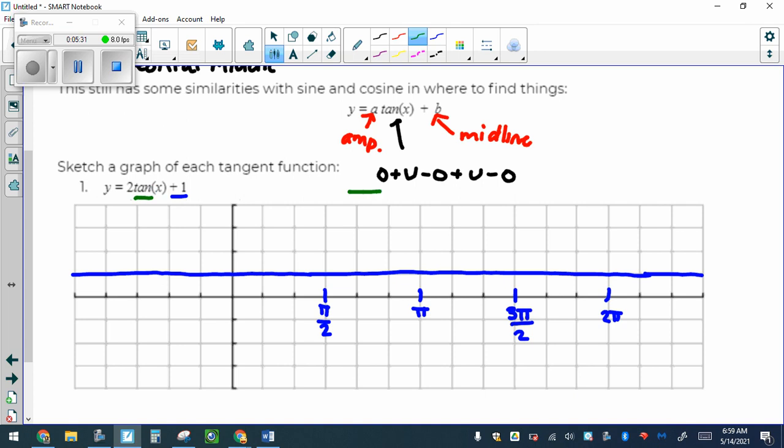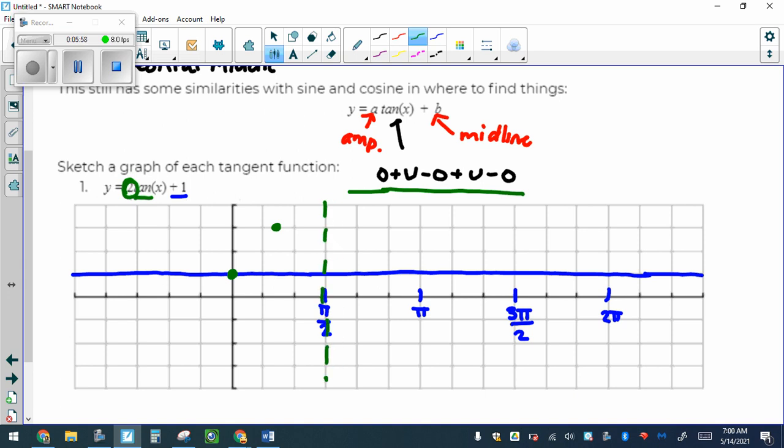The tangent is this, all right? So we start on the midline, and then positive, but look at this. In this case, the amplitude is not 1 anymore. The amplitude tells you that I should be 2 off of the midline. So halfway between these guys, I need to go up 2. And then undefined. Undefined is a vertical asymptote.